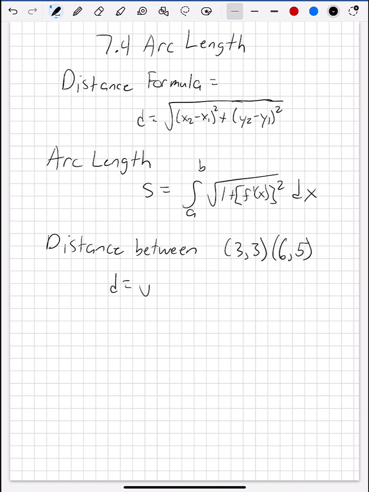So the distance is the square root of (6 minus 3) squared plus (5 minus 3) squared, which is 3 squared, 9, plus 2 squared, 4. So the distance between those 2 points is the square root of 13.